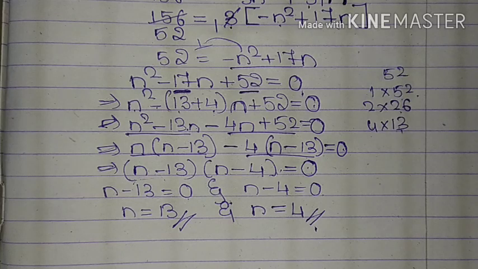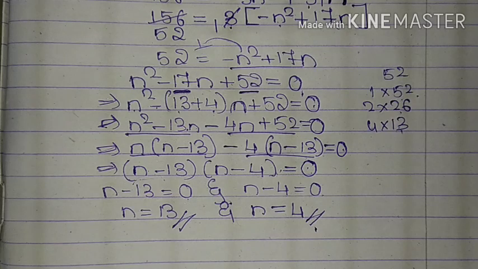So in our given arithmetic progression, that is 24, 21, 18 and so on, both the values of n, that is 13 and 4, will give the sum which will be equal to 78.